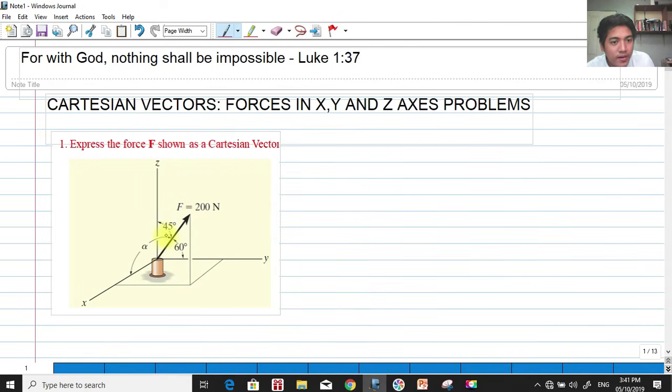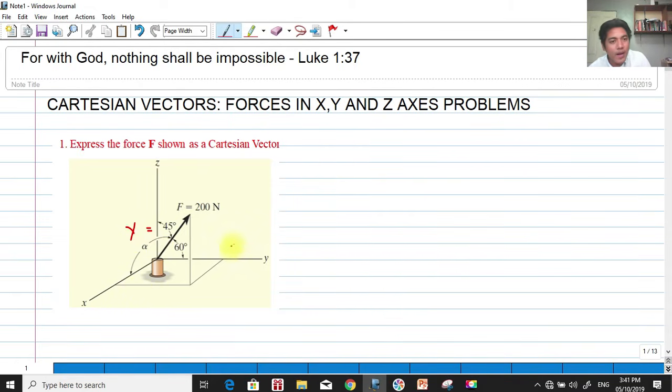And it says here that we have angles of 45 and 60 degrees. What is this angle of 45 degrees? 45 degrees is the angle from the force F to the z-axis. So that 45 degrees is the angle from this vector to the z-axis, which is labeled as our gamma.